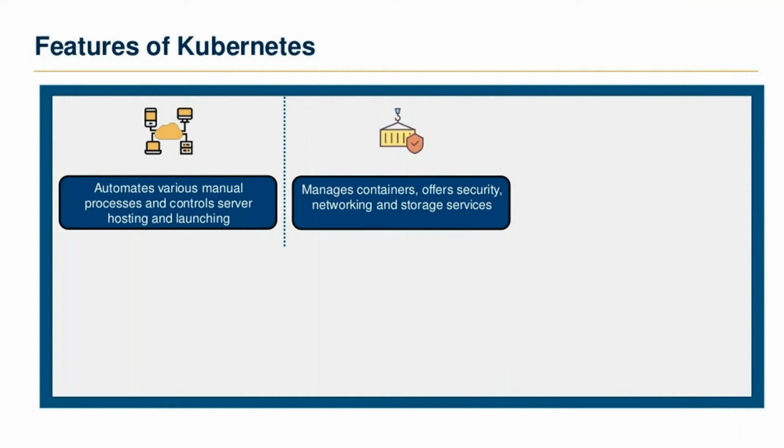In the Kubernetes master there is a component called the controller manager. I'll show you that in further slides. The controller manager will maintain all these things. Every time it will monitor if any node is down, pod is down, or container is down. So automatically it will check and recreate it.